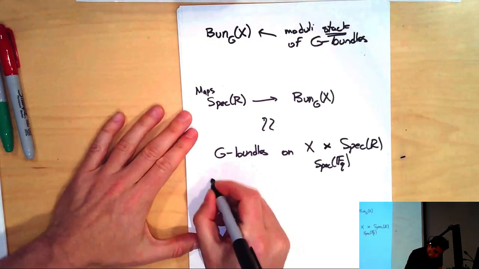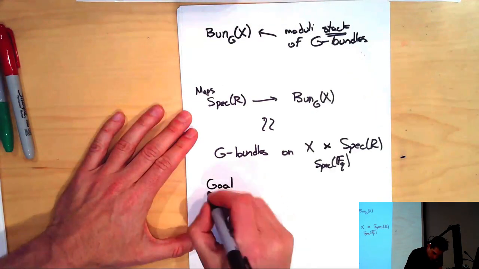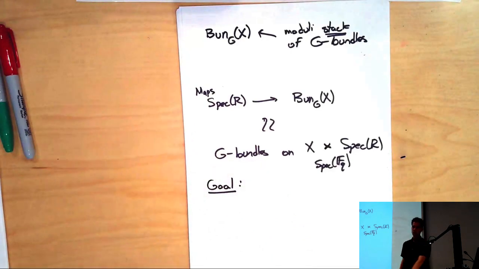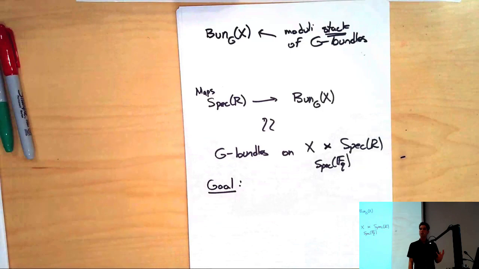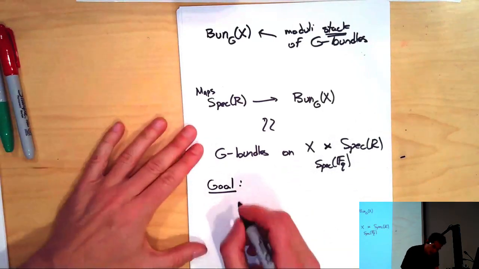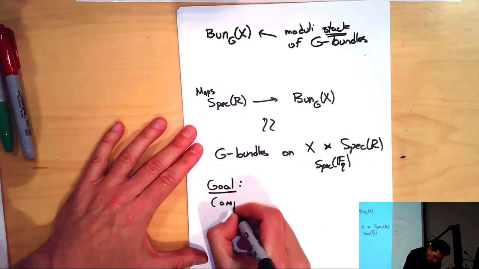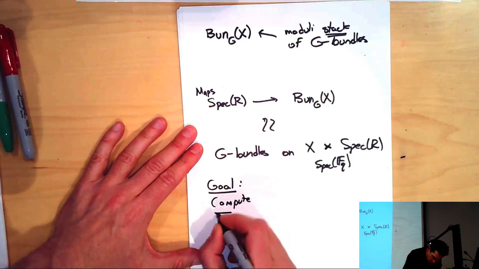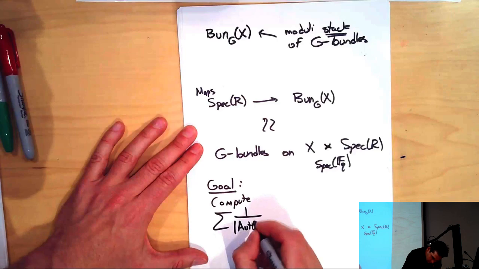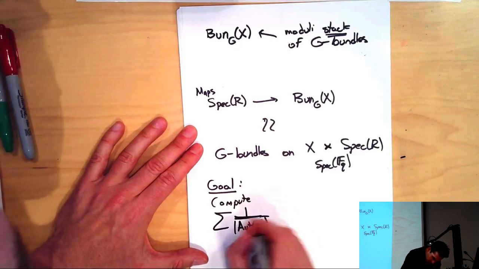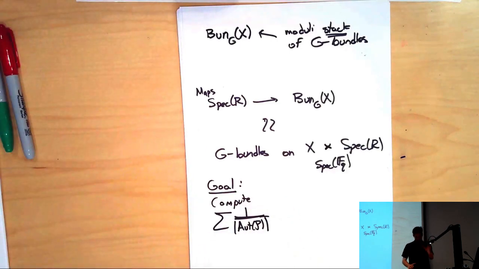And so our goal is to prove some equality of numbers, but let's say it's to compute the number that appears on the left-hand side. We would like to compute what I'm calling the sum over all principal G-bundles of 1 over the size of the symmetry group.